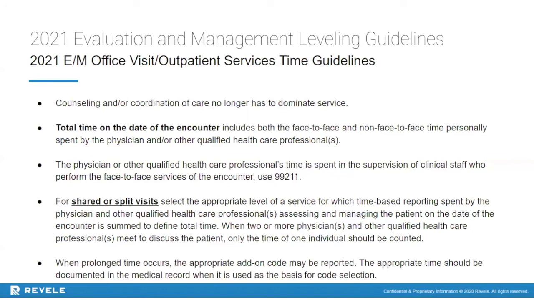And the last new guideline is when prolonged time occurs, the appropriate add-on code may be reported. The appropriate time should be documented in the medical record when it is used as the basis for code selection. A new prolonged service code is being created and revisions are being made to existing prolonged service codes to meet the evaluation and management time changes.